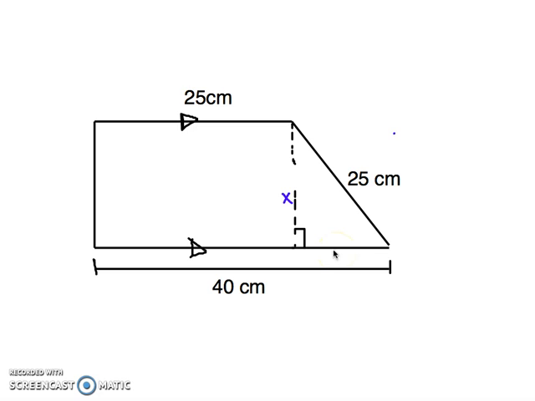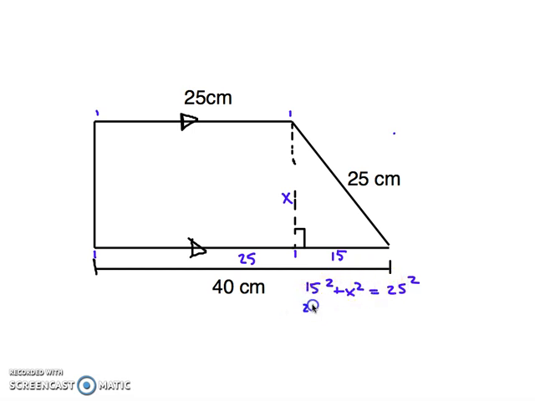One thing we want to look at so far: our bases, if from here to here is 25, then we know that from here to here is also 25. And if the whole thing is 40, I can take 40 minus 25, and that will leave me with a length of 15 for this segment. So if I use 15, the x, and the 25, I can set up the Pythagorean theorem: 15 squared plus x squared equals 25 squared.